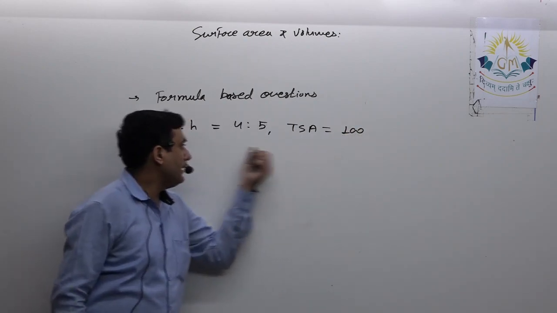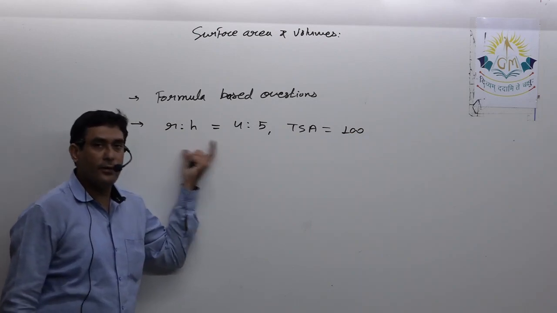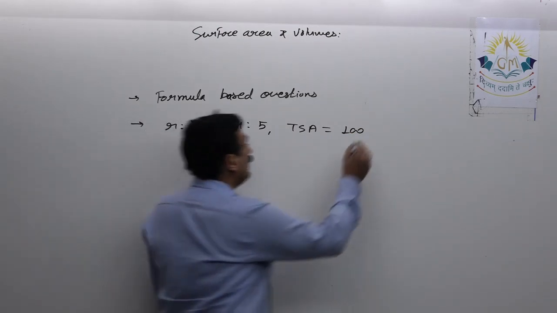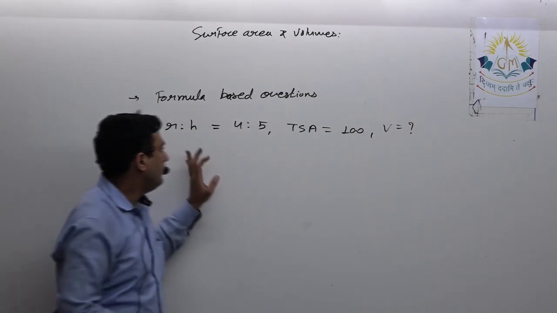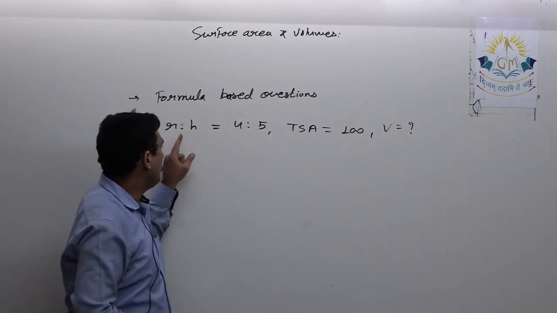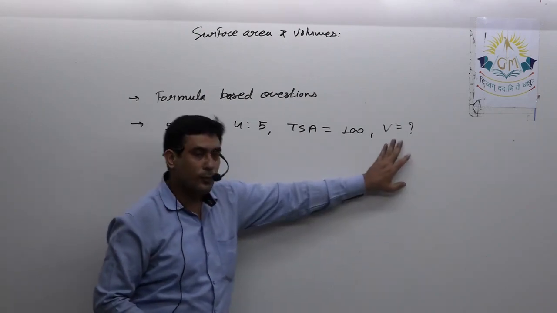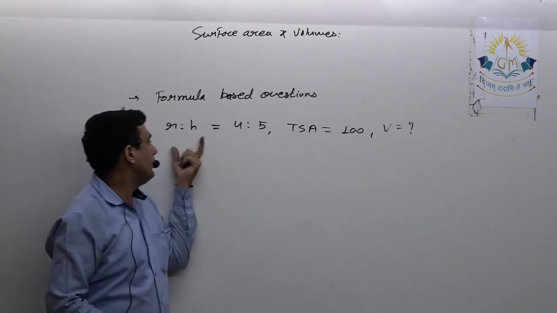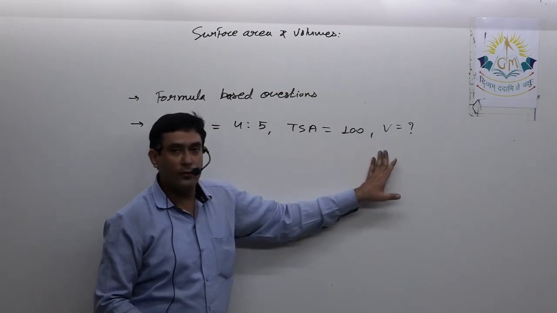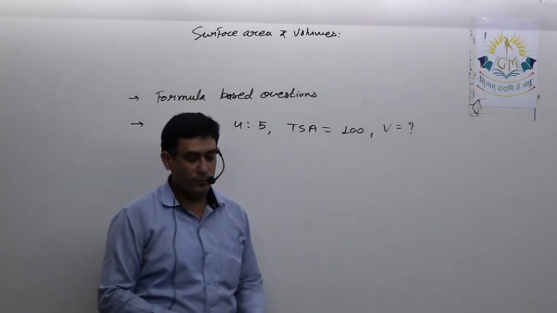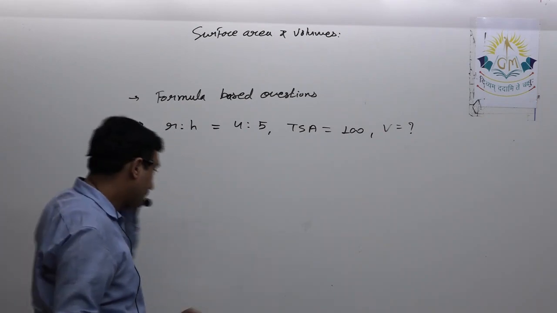Using that TSA and these dimensions, you will get the values of R and H, and they may ask you to find its volume. Unless you have the radius and height directly, it is not possible to get the volume. So using this ratio and the value of TSA, you have to find R and H, and then find the volume.